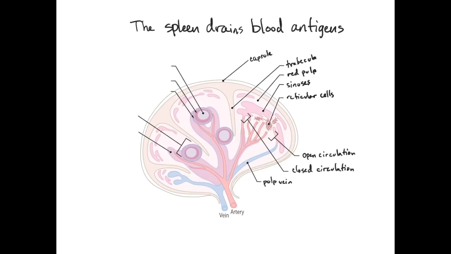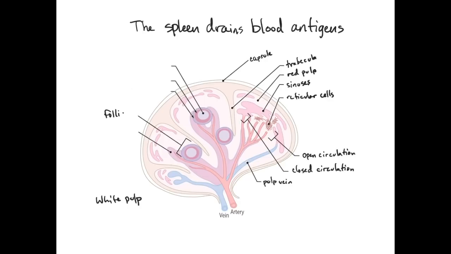As you look at the spleen, you'll notice that it has structures that look a lot like the germinal centers and follicles in the lymph node. In this way, the spleen is highly analogous to the lymph node as a secondary lymphoid organ, and these follicles comprise the white pulp.